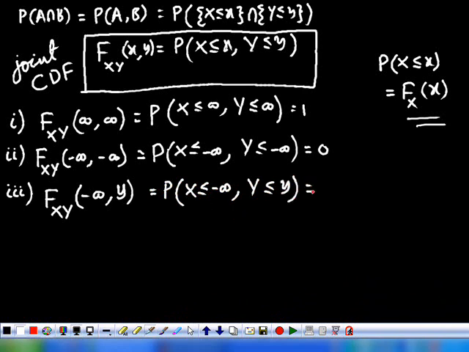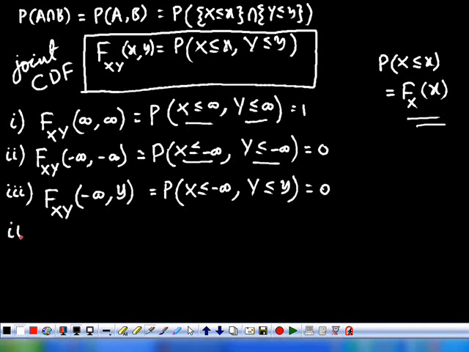What about this? See, x less than or equivalent to minus infinity is an impossible event. It is phi. So phi intersection y less than or equivalent to y, how much? It is phi. This is also 0. Understood? Because that is an impossible event. Don't get confused. Here we are writing the comma, but that is a joint event, the intersection.